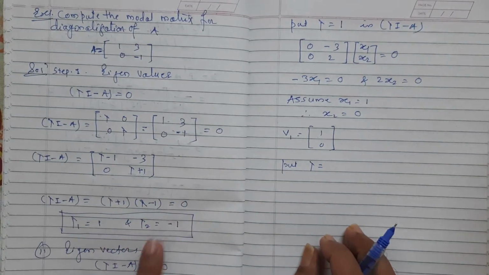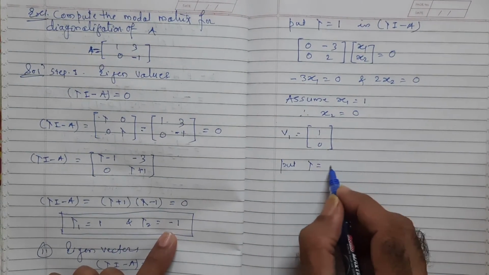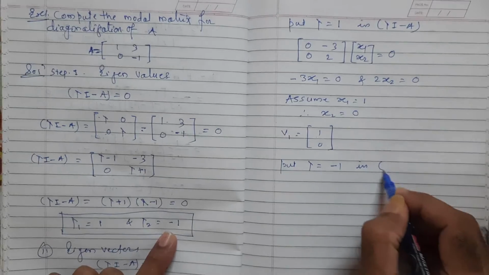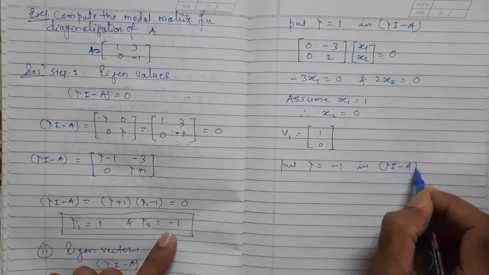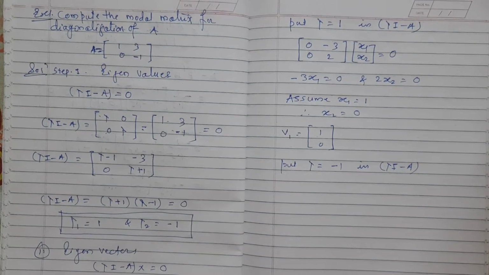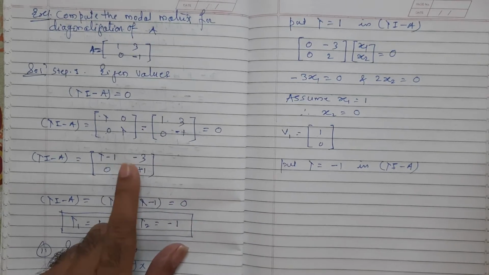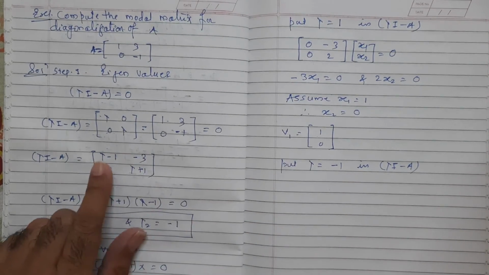Now put lambda equal to minus 1 in lambda I minus A in this equation. So minus 1 minus 1 and minus 1 minus 1.